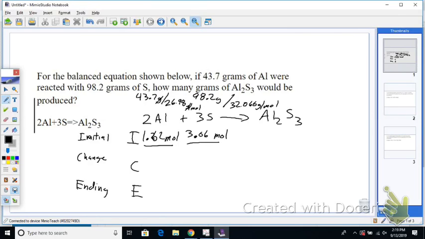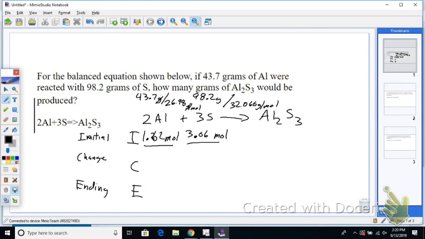Okay. Now, what we're going to do is just guess which one we think is limiting.